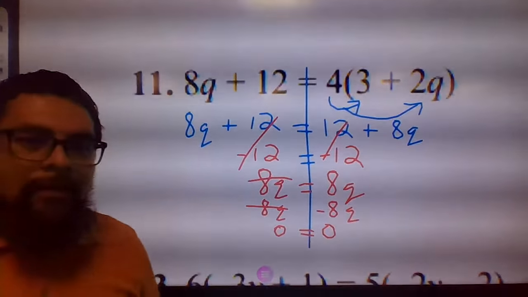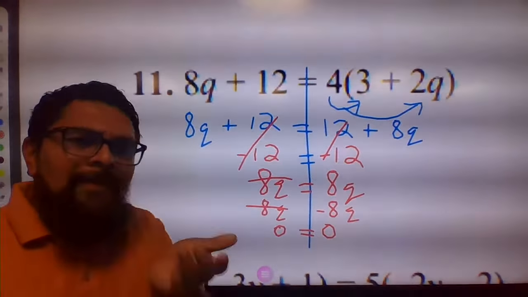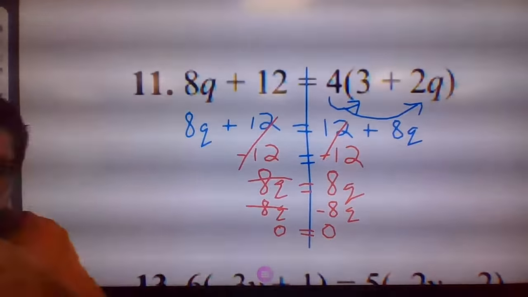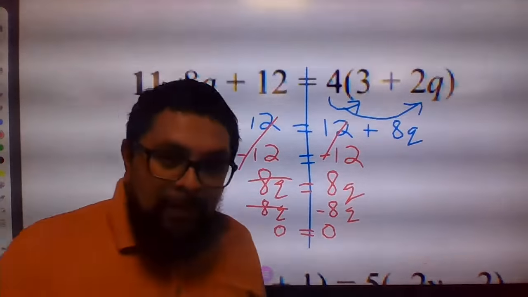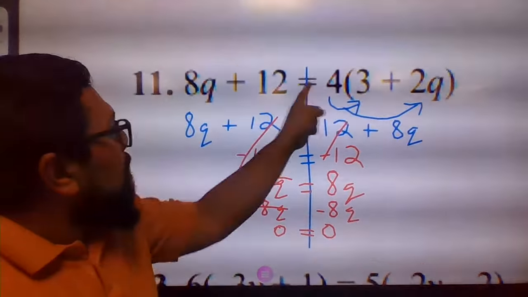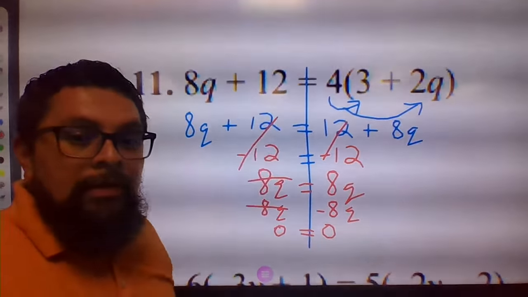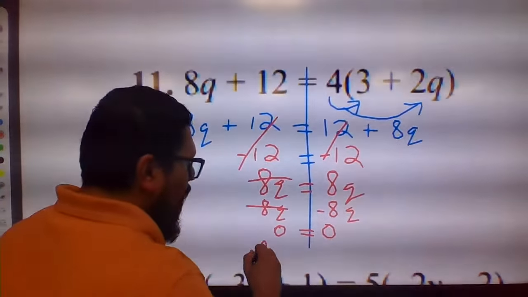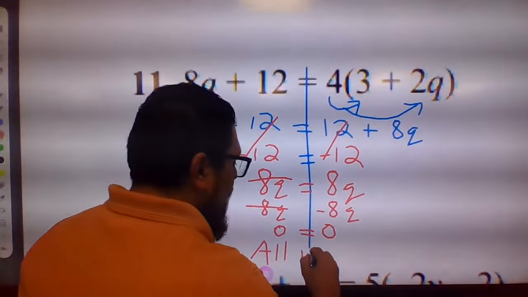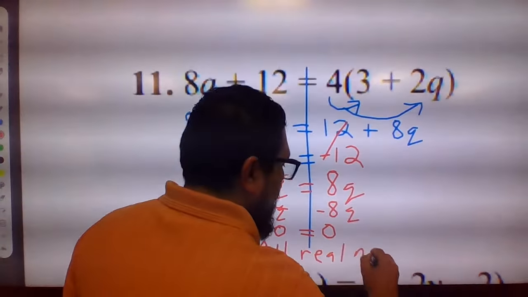Huh. Pause the video. What is happening? I'll tell you what's happening. Any number you put in for q is going to make this equal. Any number. So this is all real numbers.